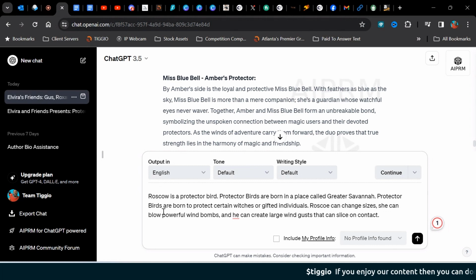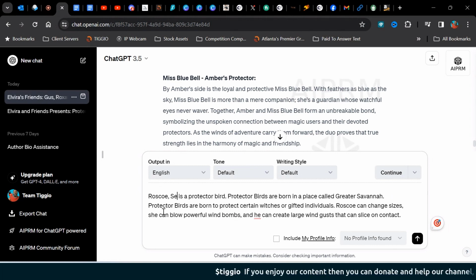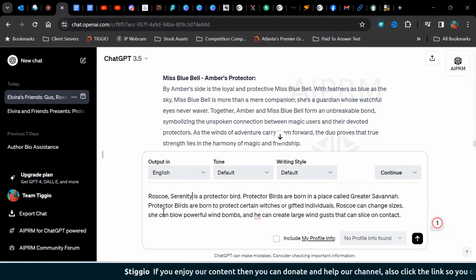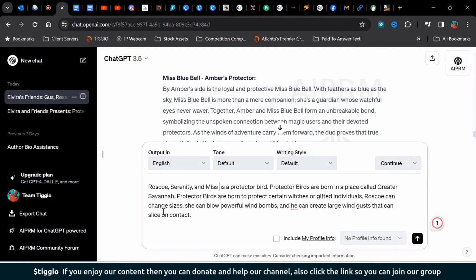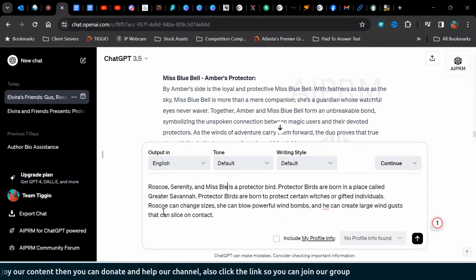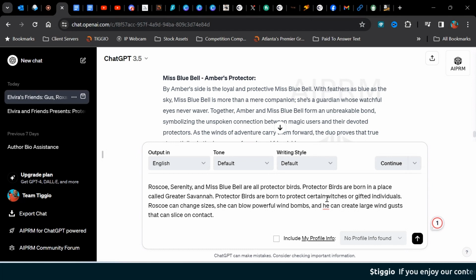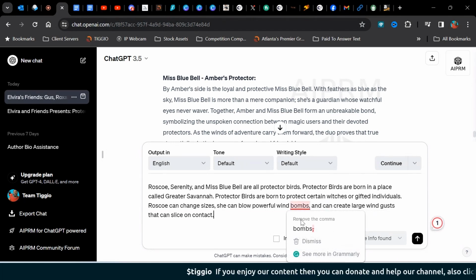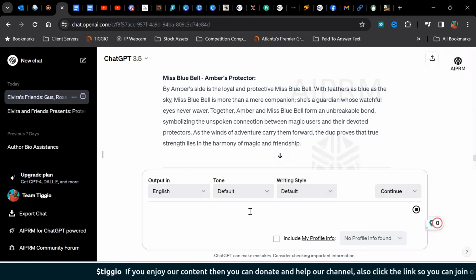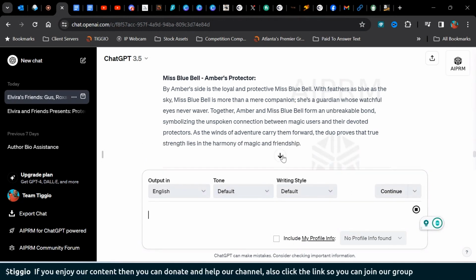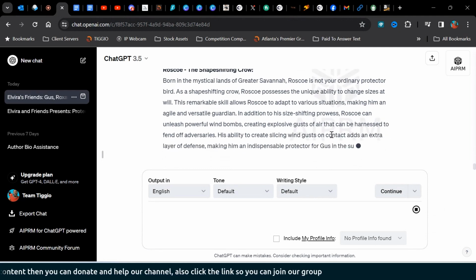Roscoe, Serenity, and Miss Bluebell are all protector birds. Okay, so let's write this so the story can have some understanding.